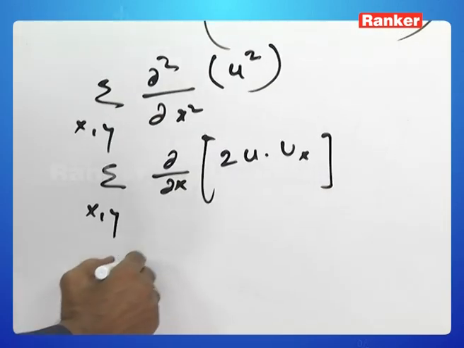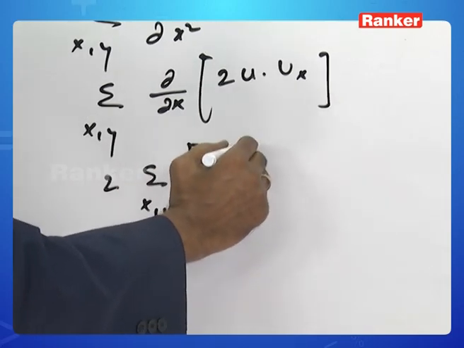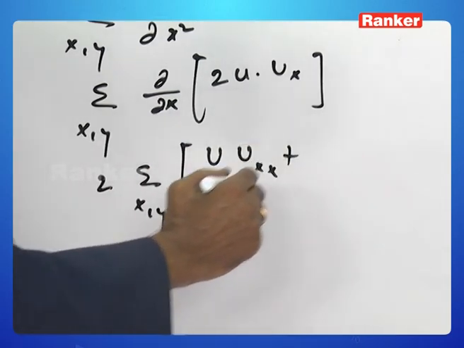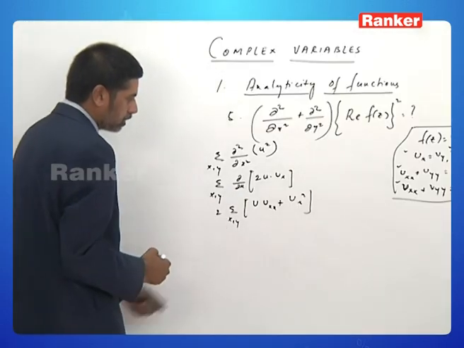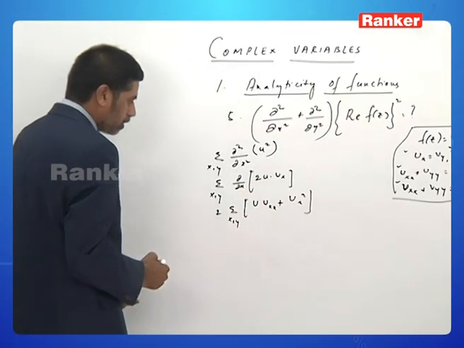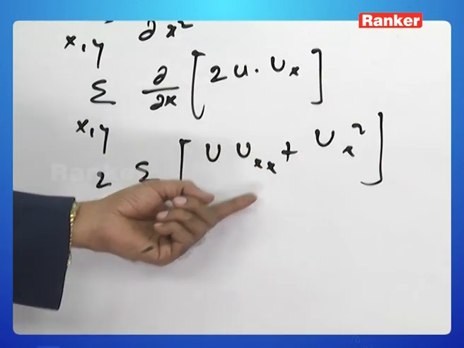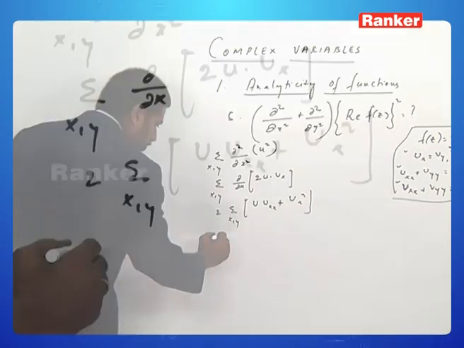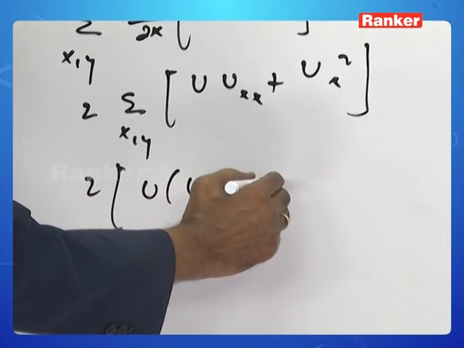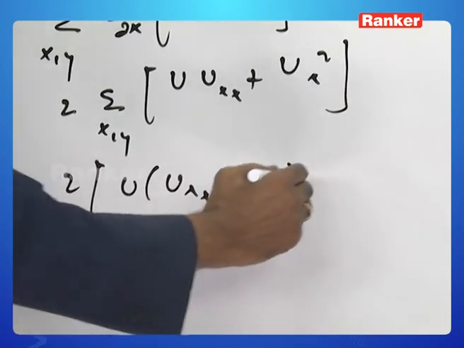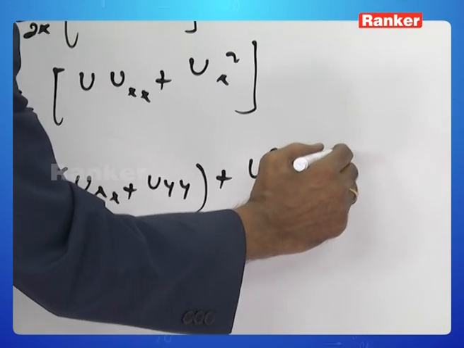So this is nothing but twice summation over x y u into uxx plus ux squared. That is by using the UV rule. So when you unfold this summation, you will get 2 more similar terms in terms of y. So you will get 2 times u times uxx plus uyy plus ux squared plus uy squared.